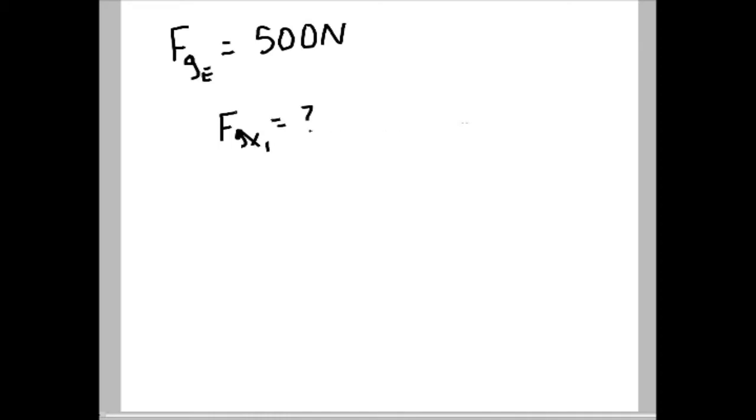Well, planet X1, if this is the Earth, is not only smaller, but it has more mass. So here's planet X. The mass of planet X is twice that of Earth's, and the radius of X is half of what Earth's is.